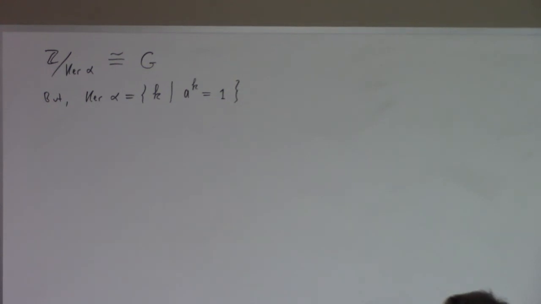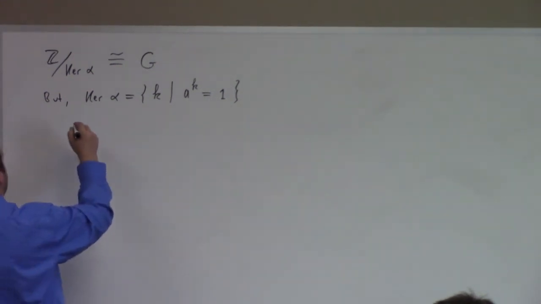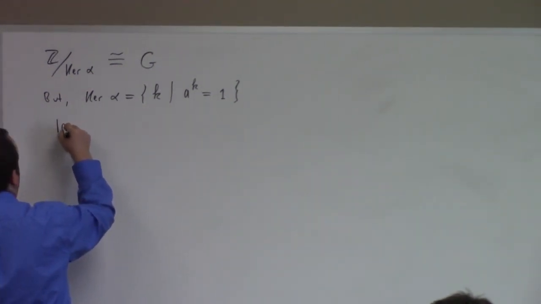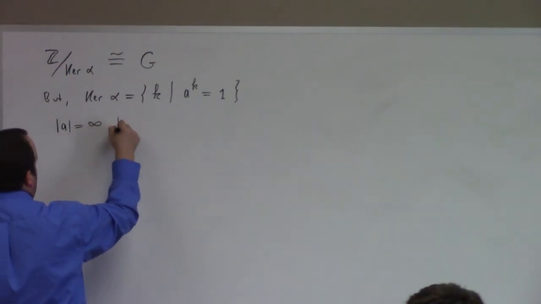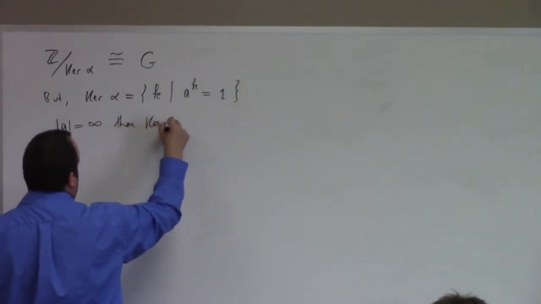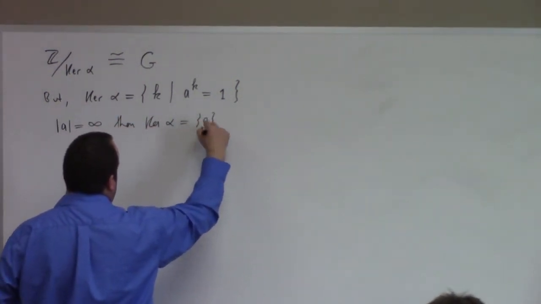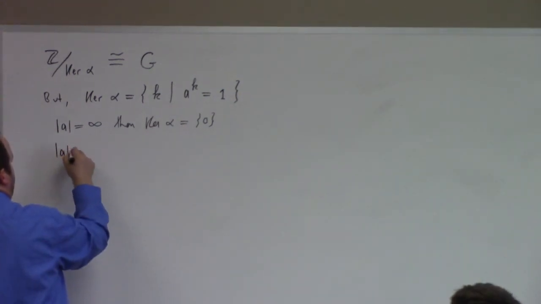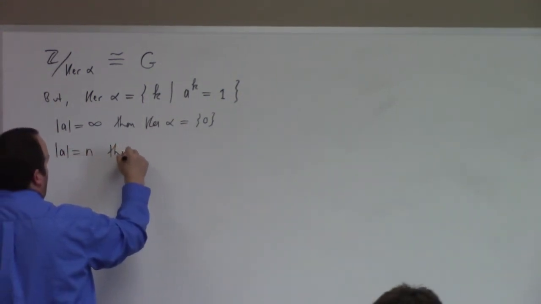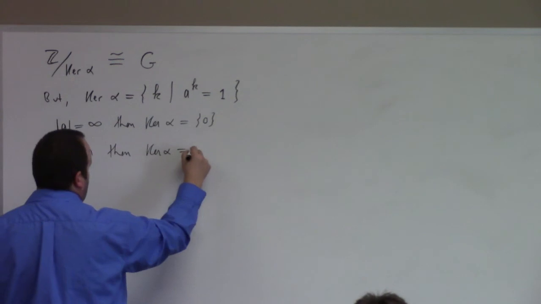So there are two cases, right? Either a has infinite order or it has finite order. If the order of a is equal to infinity, then the kernel of alpha is just the set containing 0. If the order of a is equal to n, then the kernel of alpha is nothing more than nZ.